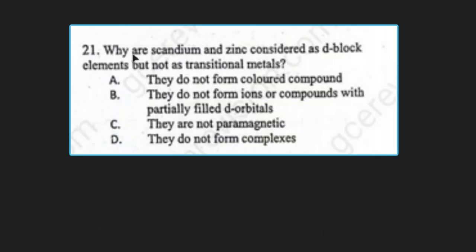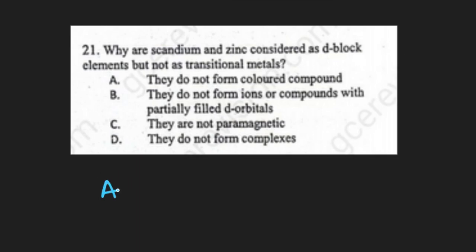Question 21. Why are scandium and zinc considered as D-block elements but not as transition metals? So the characteristic property of transition metals is that they have partially filled d orbitals in their ions. So it means that scandium and zinc do not have partially filled d orbitals when they form ions.